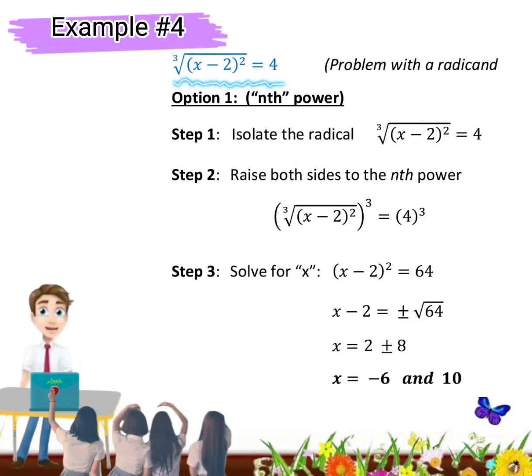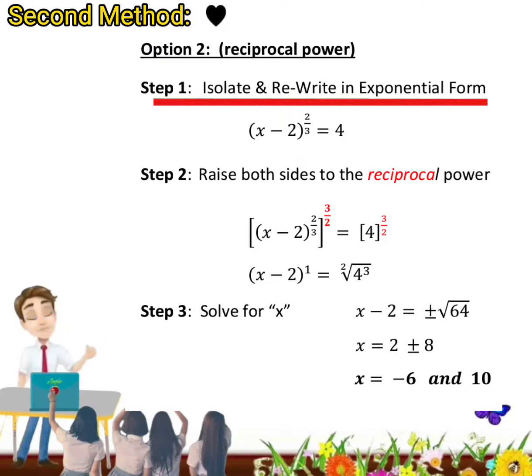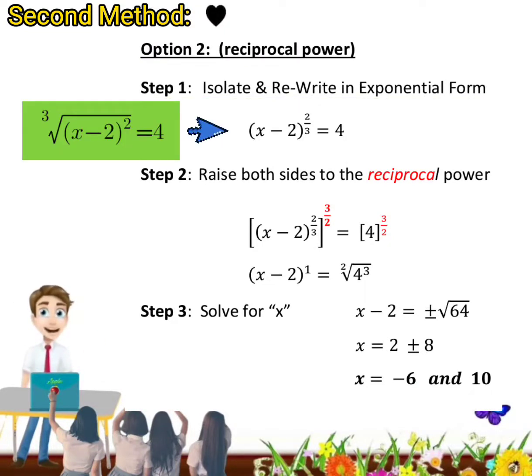The cube root of the quantity x minus 2 raised to 2 is equivalent to 4. By using method 2, the reciprocal of a power, the first step is to isolate or write the problem in exponential form. Since our problem is the cube root of the quantity x minus 2 raised to 2 equals 4, writing that in exponential form, that is equivalent to the quantity x minus 2 raised to 2/3 equals 4.